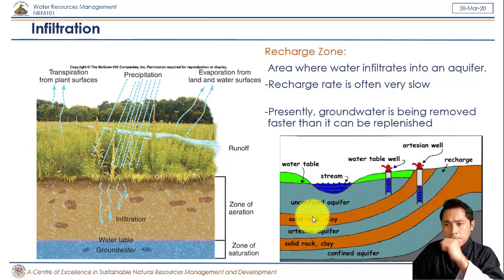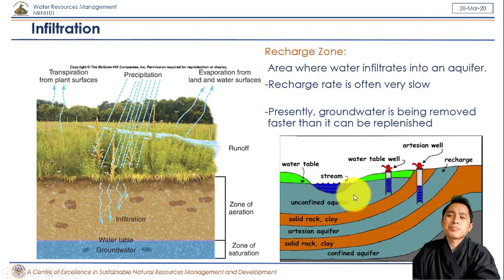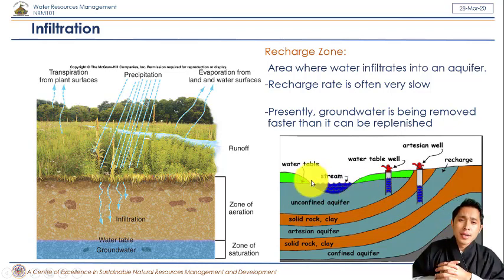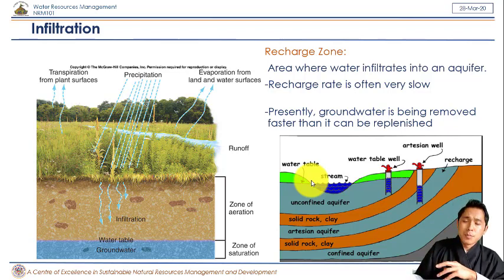Firstly, we have the unconfined aquifer, which is basically the continuation of the saturated zone from the water table. Then we have the confined aquifer, which is underneath hard rocks, where the rocks do not let water go through or sit inside them, so that it reaches the confined aquifer.